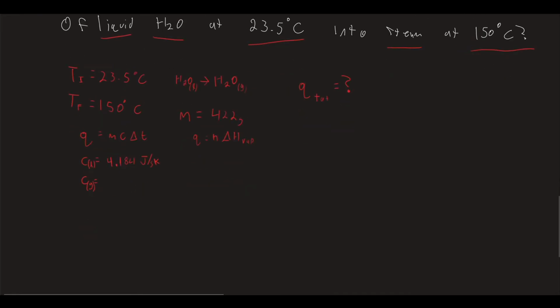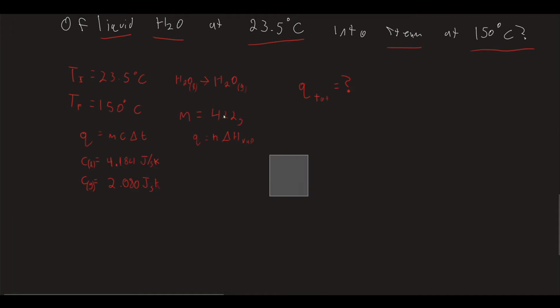Then the specific heat of water in the gaseous phase, let's see, that is 2.080 joules per gram per Kelvin. We now need to do a conversion.